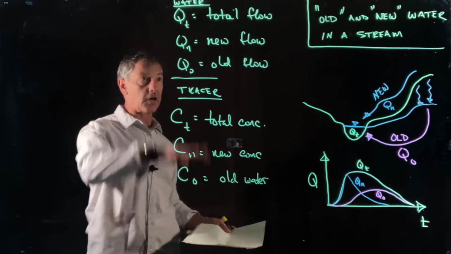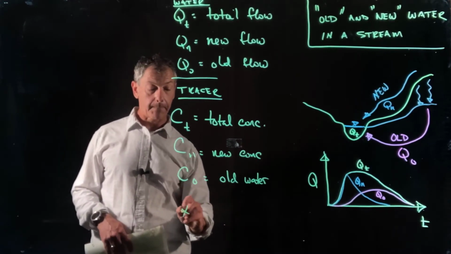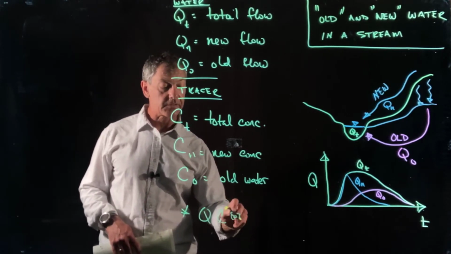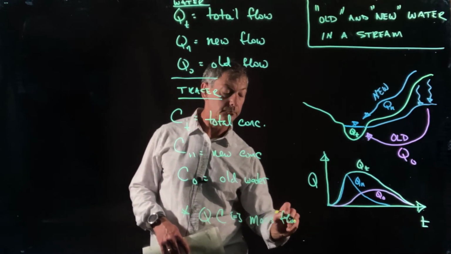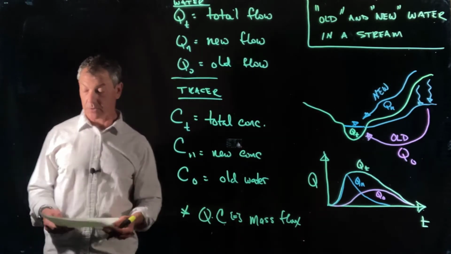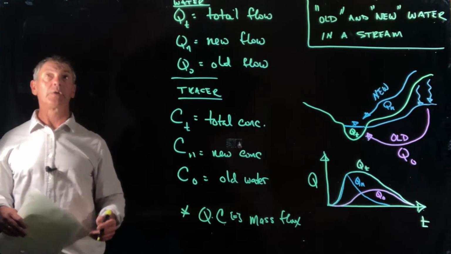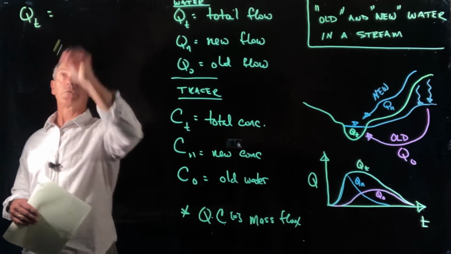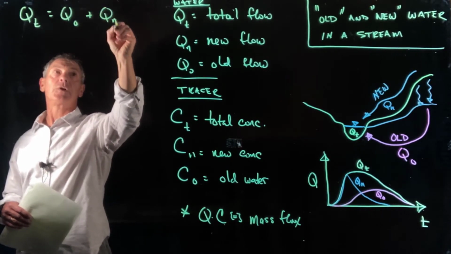Okay, so we already saw that if we balance Q times C, that is a mass flux, right? So let's make use of this. First we're going to balance the flow. We know that the total flow in the stream has to be equal to the old flow plus the new flow.